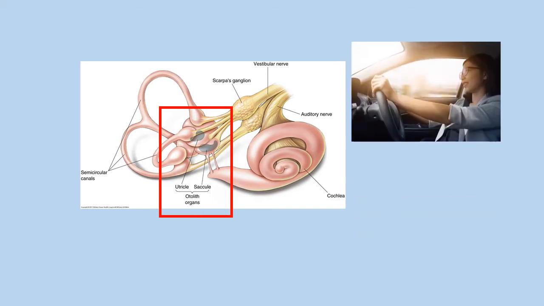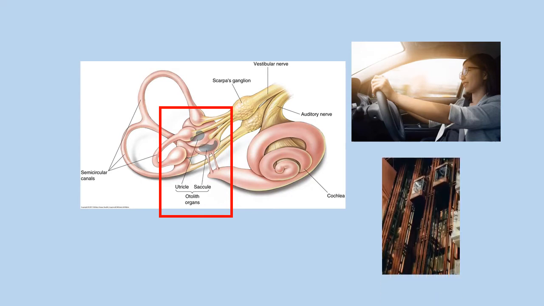For a quick recap, the utricle detects linear motion primarily in the horizontal plane, like when we are in a car moving forward or backward, while the saccule detects motion primarily in the vertical plane, like when we are in an elevator going up or down.